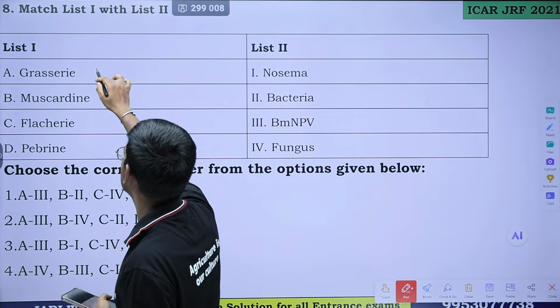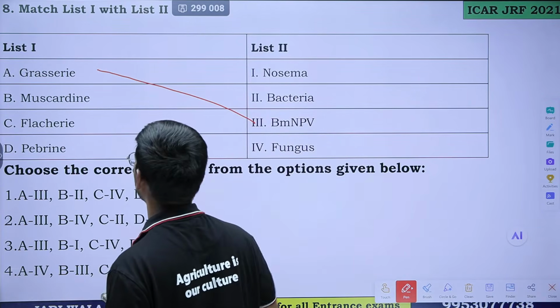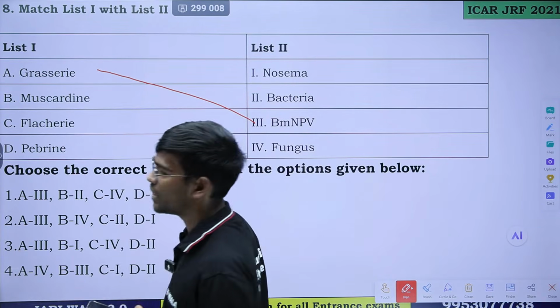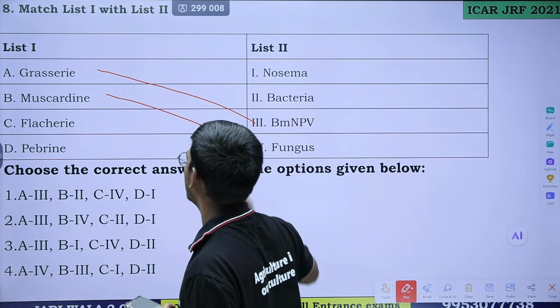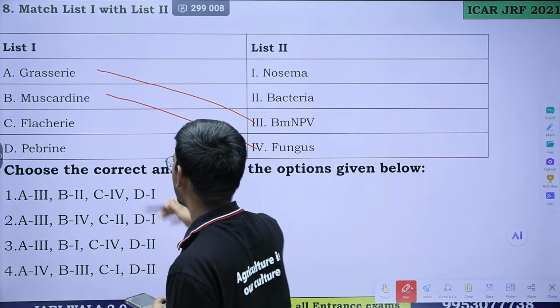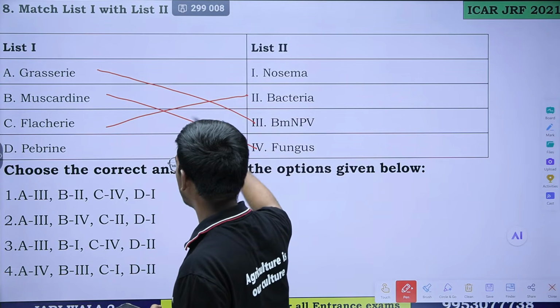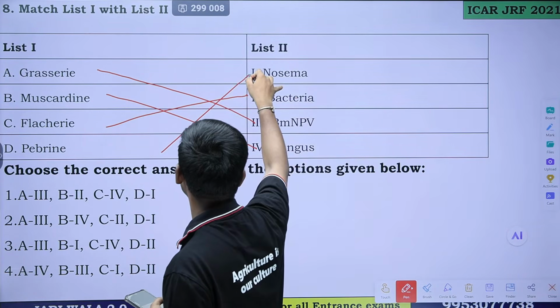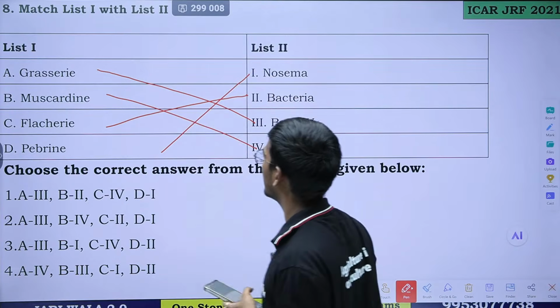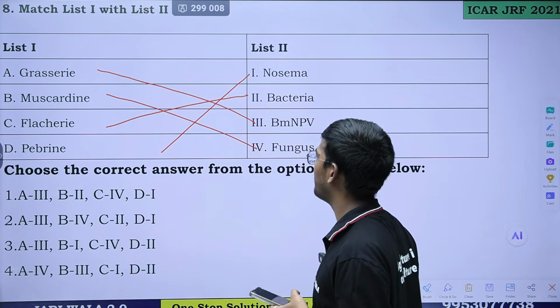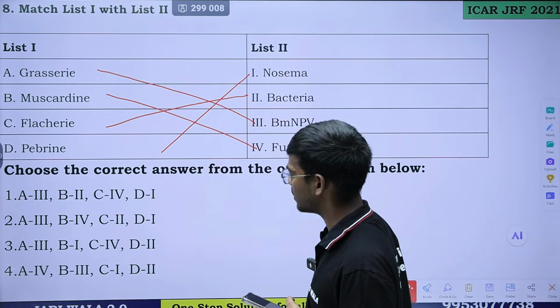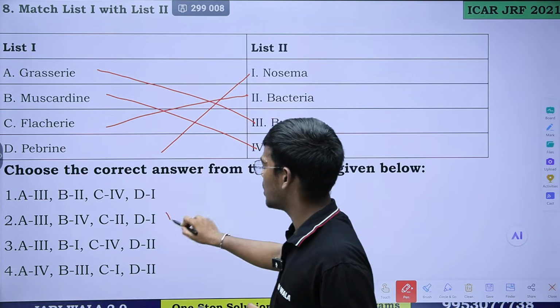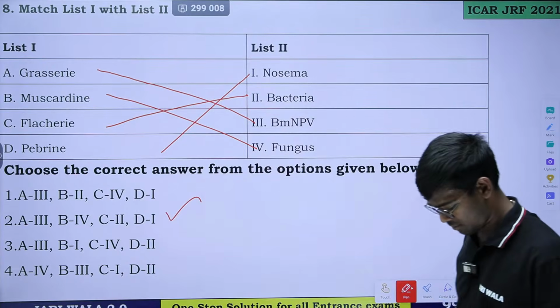Grasserie disease is caused by NPV. Muscardine disease, we all know, is a fungal disease, so B is 4. Flacherie is caused by bacteria, and Pebrine disease is caused by Nosema bombycis. So A3, B4, C2, D1. Yes, option 2 is the answer.